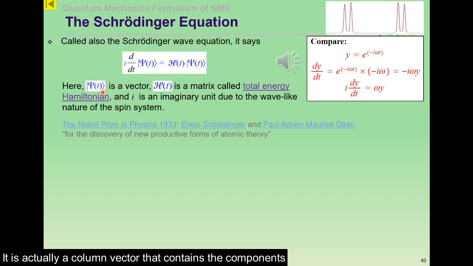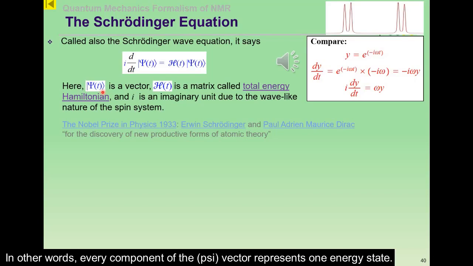It is actually a column vector that contains components that represent the energy state of a spin system. In other words, every component of the vector represents one energy state.